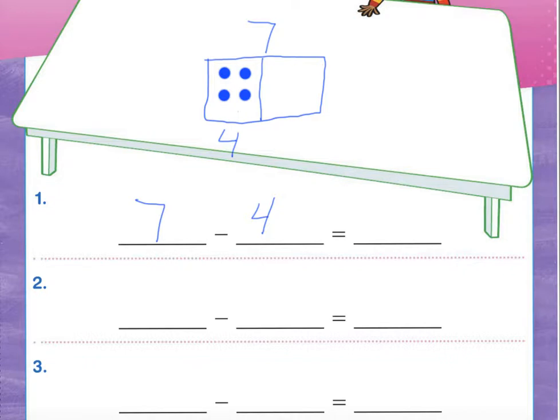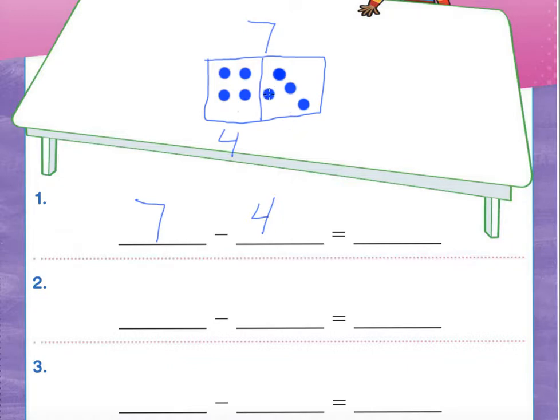And we're going to figure that out the same way we figured out the parts of 9 yesterday, by counting on from the number that they gave us. So we're going to start counting from 4, and we're going to make some more dots, and we're going to count all the way to 7 from 4. So when we do that, we start with the number that we know, say 4, 5, 6, 7.